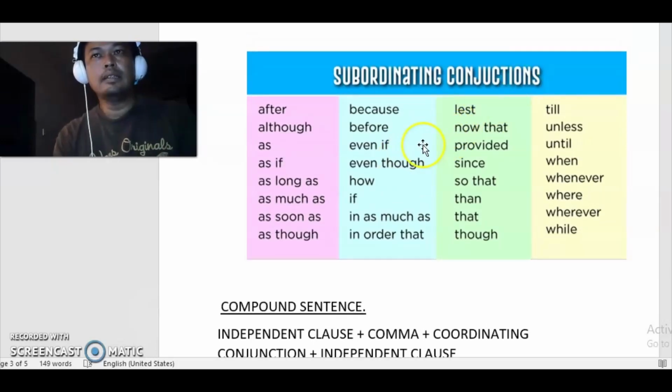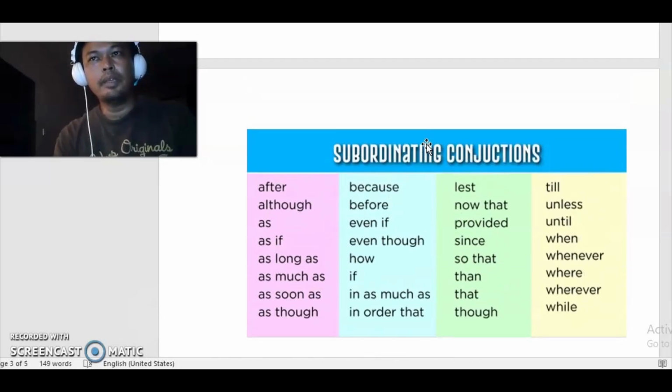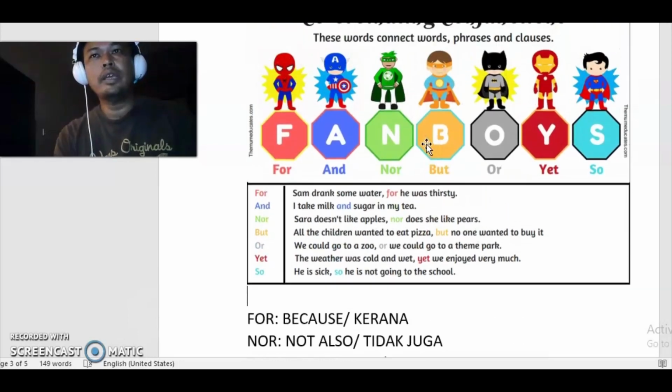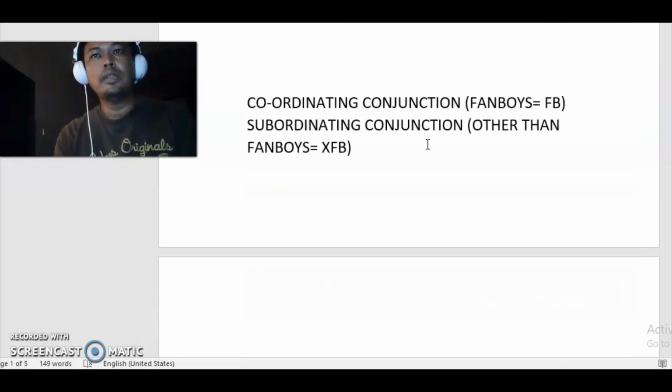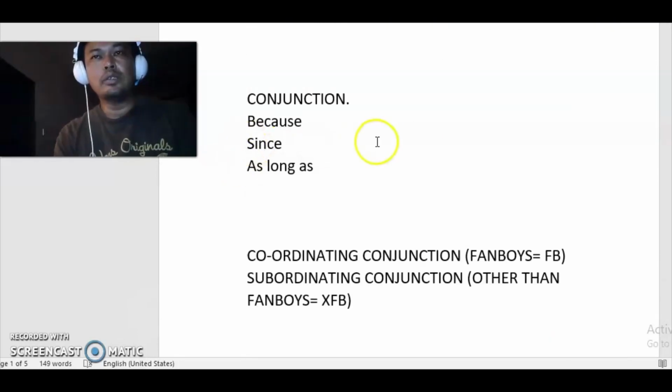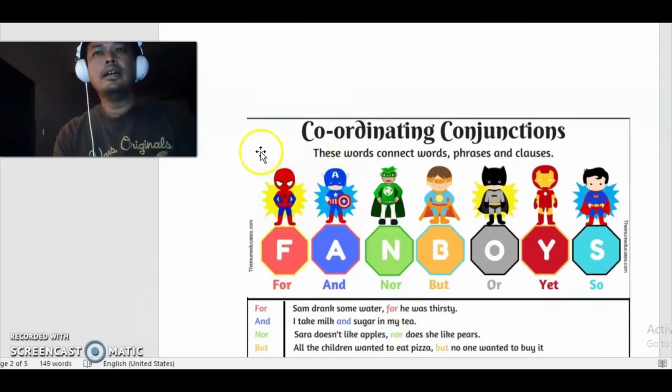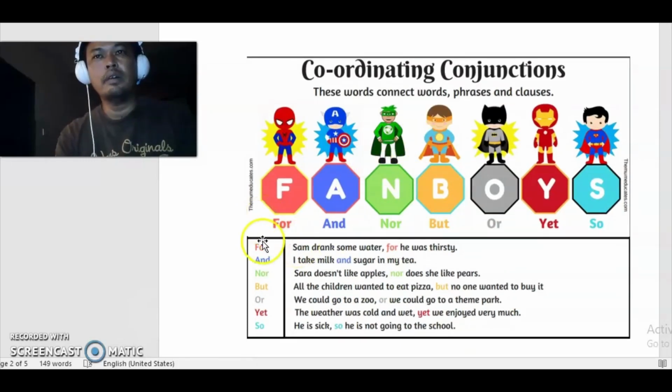And that's all from me. So in our class today, we focus on two things. What is a conjunction? And we should distinguish between coordinating conjunctions, which consist of FANBOYS: for, and, nor, but, or, yet, so.